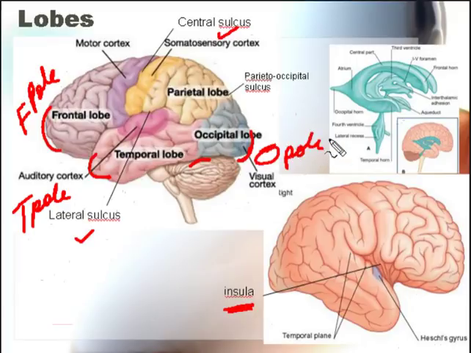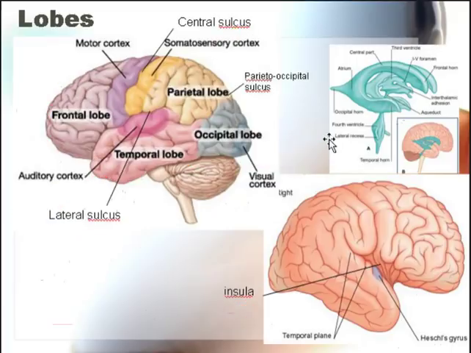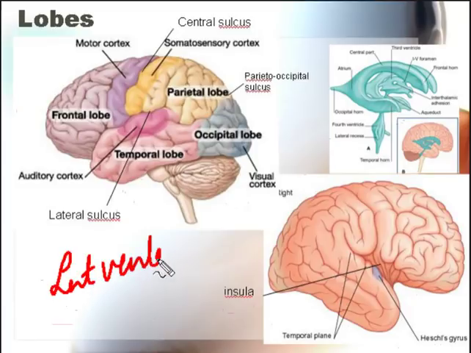Now the cavity of the cerebral hemisphere, if you remember, is the lateral ventricle. Now this lateral ventricle is the cavity, but that means the cavity has to be present in all lobes.